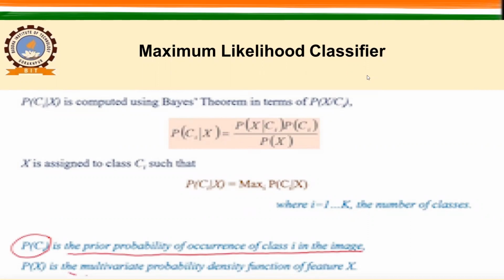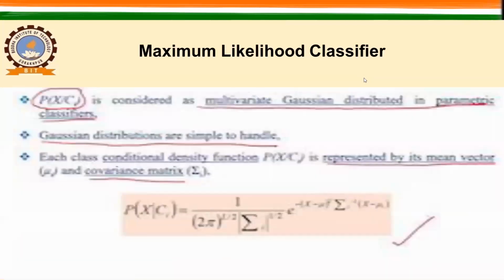So here if you have 4 or 5 classes, then this will go up to 4 or 5. So here the probability of the Ci class is the probability of occurrence of the class i in the image, and here this is the multivariate probability density function of the feature x, right? So the probability of the x pixel to be classified in the Ci class is considered as multivariate Gaussian distributed in the parametric classifier.